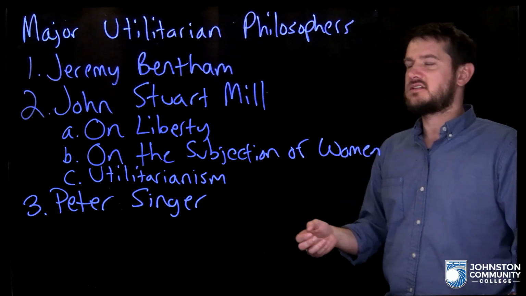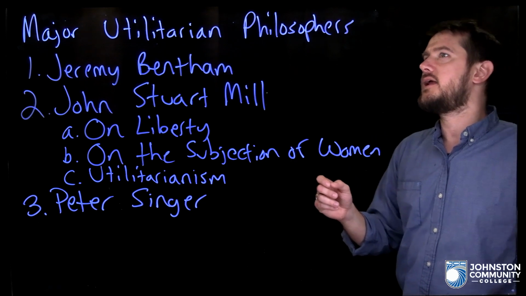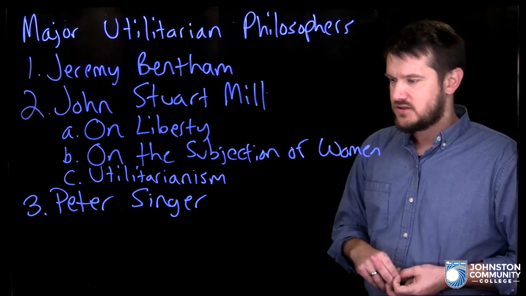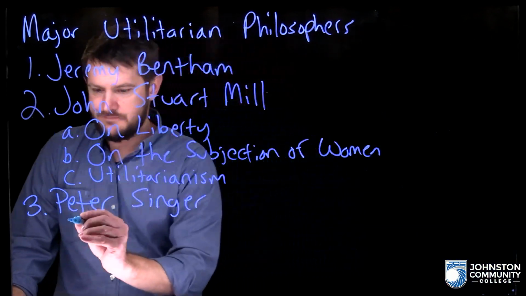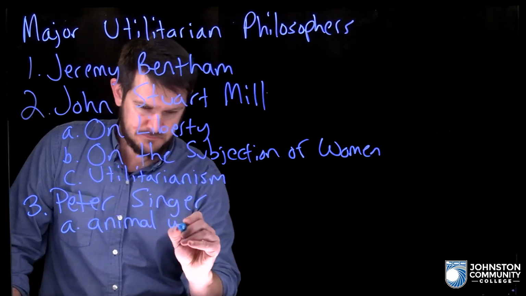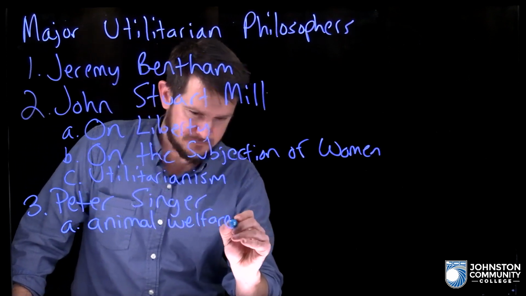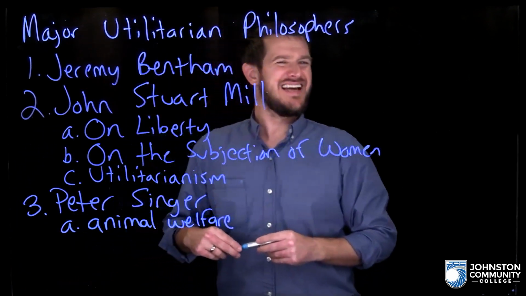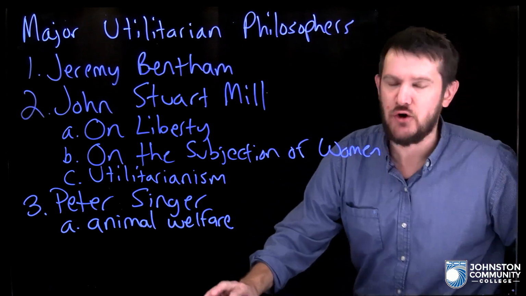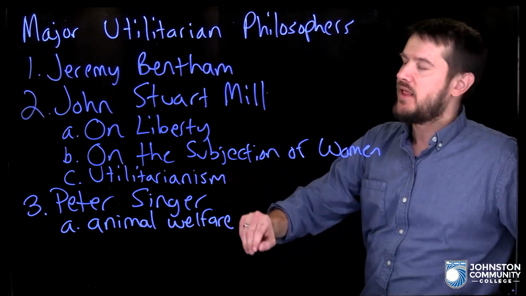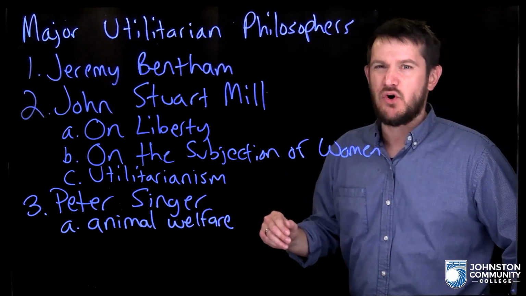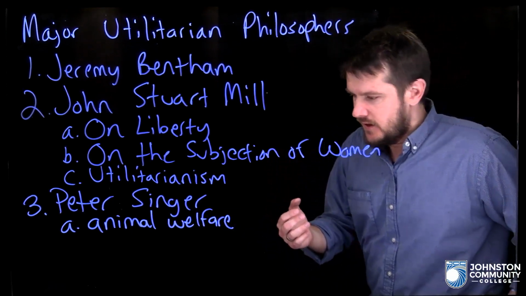And his influence, I would say, has been in two main areas. One is in the area of animal welfare. In the late 20th century, maybe the 1970s or 1980s, he wrote an essay called All Animals Are Equal, and later elaborated on that in the book Animal Liberation.